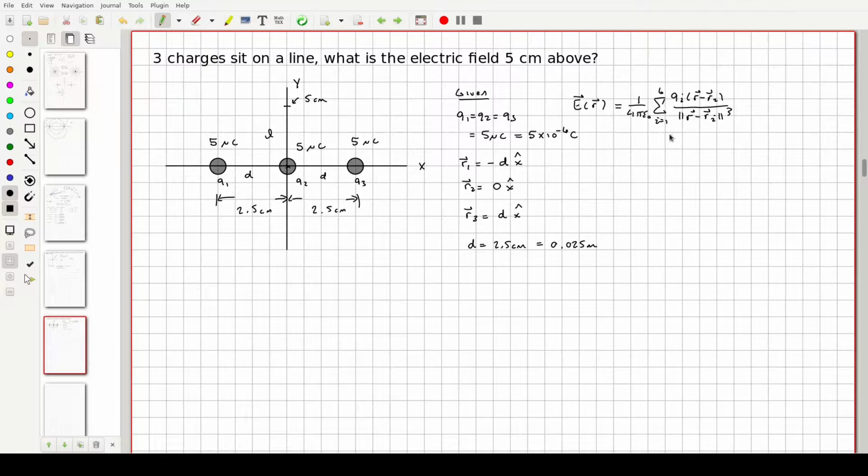Now, they also depend upon R. R is where our point of interest is, which is 5 centimeters above this. Like I said, I called this L. So R here lies only along the y direction. It's L y hat, keeping in mind the fact that L is 5 centimeters, or 0.05 meters.